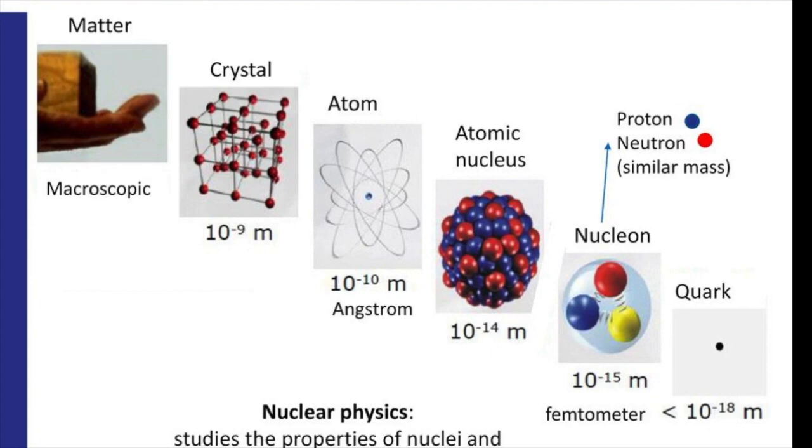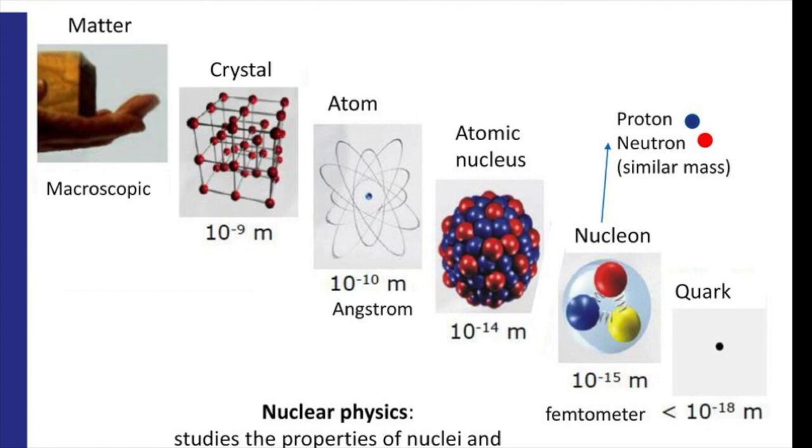Now, the size of the atom is in angstrom units or 10 power minus 10 meters, that is 1 by 10 power 10 of a meter. And the atomic nucleus is 10 power minus 14 meters. That is around a Fermi. 1 Fermi equals 10 power minus 15 meters.